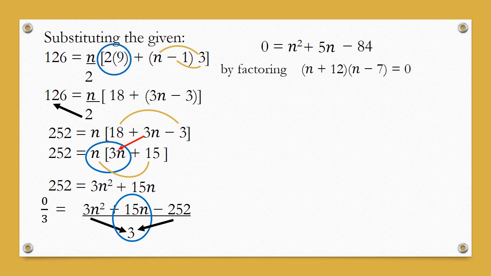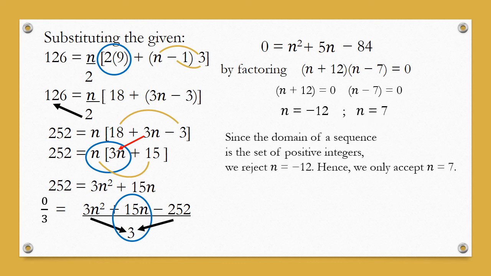So to get the value of n, you equate to 0. So n plus 12 equals 0 and n minus 7 equals 0. So therefore, n equals negative 12 and n is equal to 7. Since the domain of the sequence is the set of positive integers, ang gagamitin lang natin ay positive.